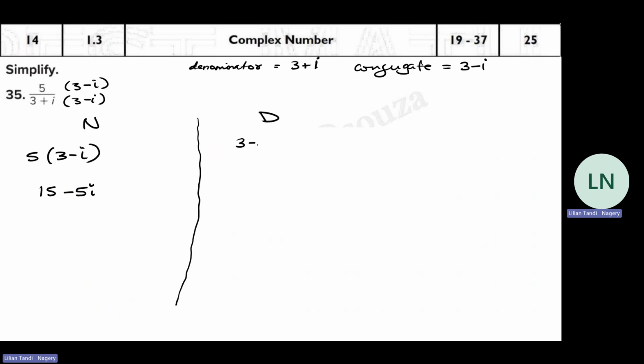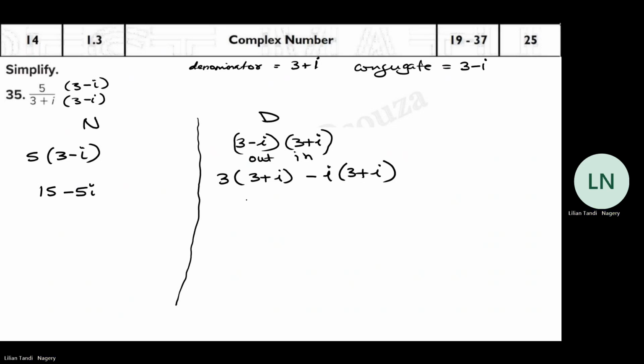So 3 minus i times 3 plus i. You do your out and your in. You do 3 times 3 plus i, then -i times 3 plus i. So this should be 9 plus 3i minus 3i.